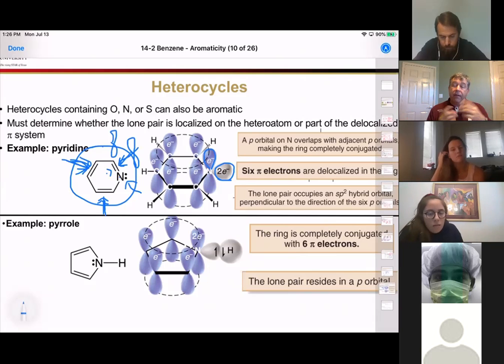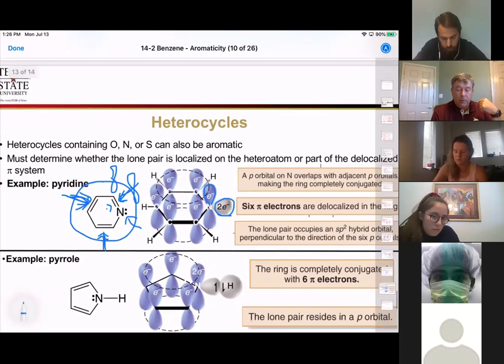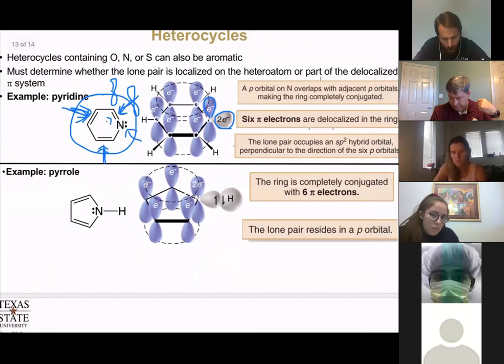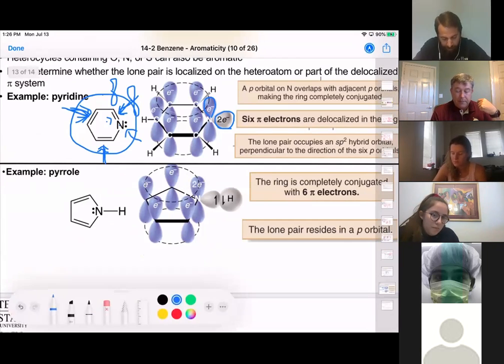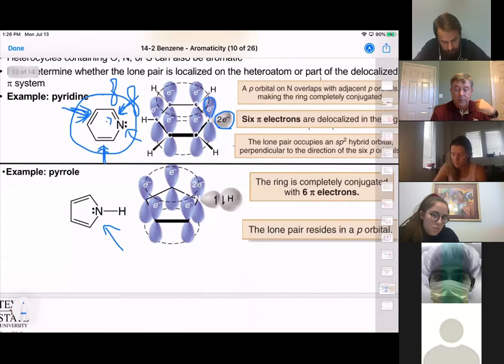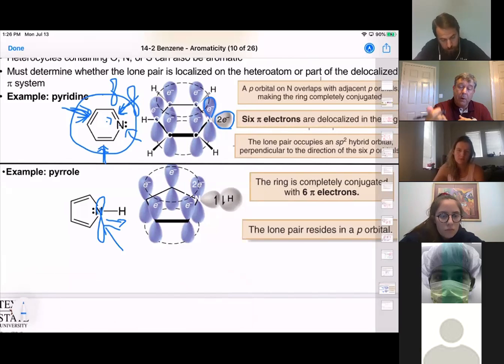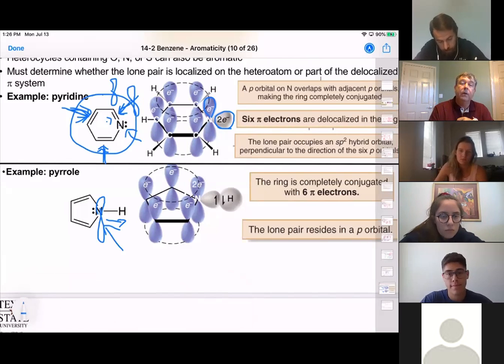Can we do that in 5-membered rings? Yes, we can, okay? In the case of something like pyrrole, which is this one right here, instead of the lone pair being in an sp2 hybridized orbital, the hydrogen is in the sp2 hybridized orbital, and the lone pair is in that leftover p orbital, okay? So just because there's a lone pair on a heteroatom, you have to decide whether it is part of the aromatic system in the p orbital or if it's in an sp2 hybridized orbital.